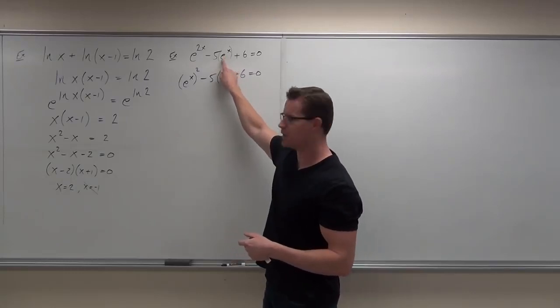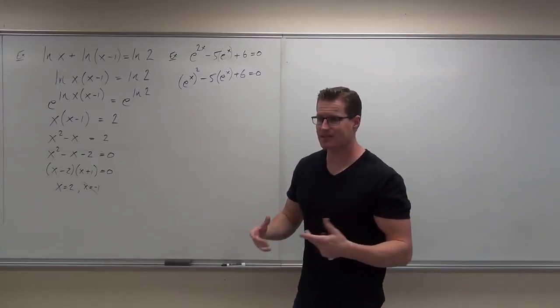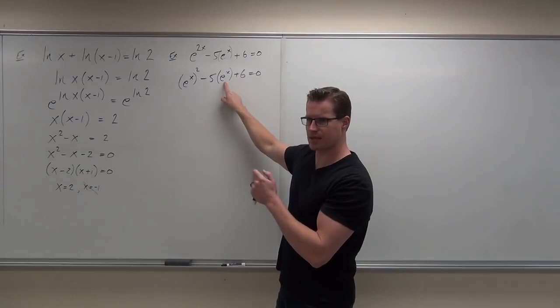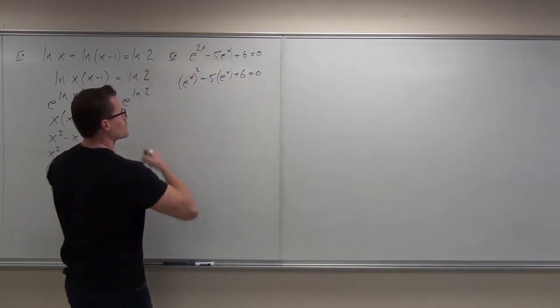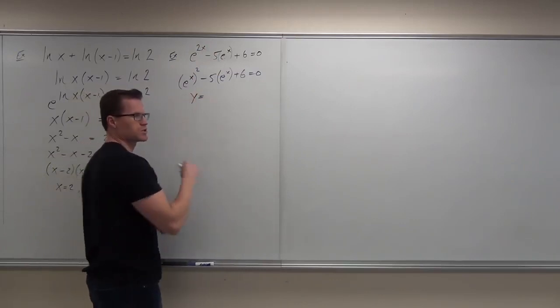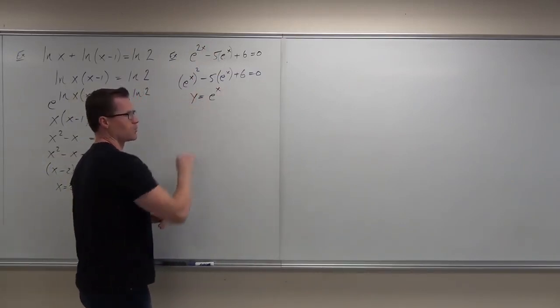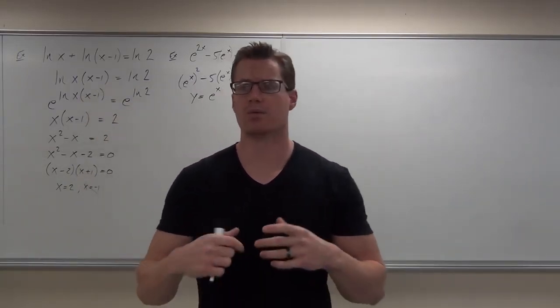Do you see what I'm talking about? If that's the case, notice how we have exactly the same thing here and here. Are you guys with me on that? Whenever you have that, one part's being squared, one part's not being squared, you can use a substitution, just create a dummy variable like y. If you do a substitution, like y equals e to the x, then instead of writing e to the x everywhere, what could we write everywhere?